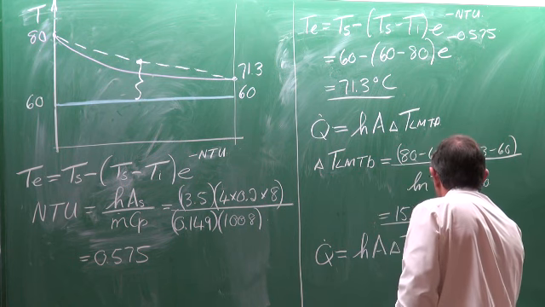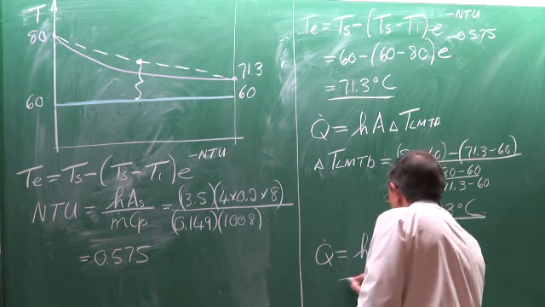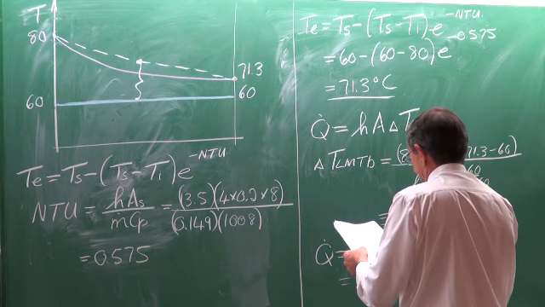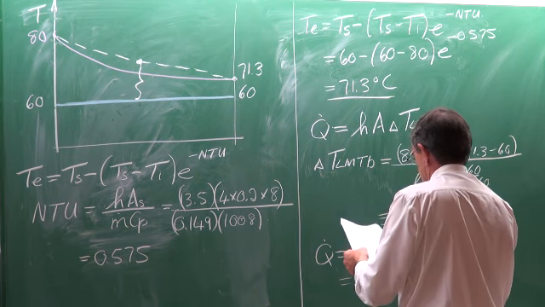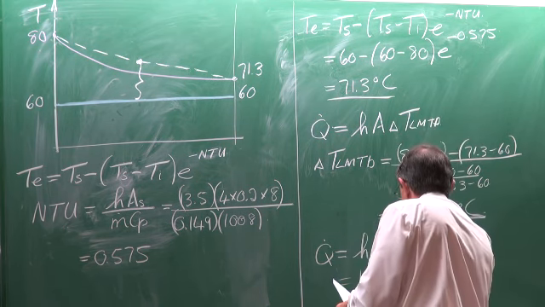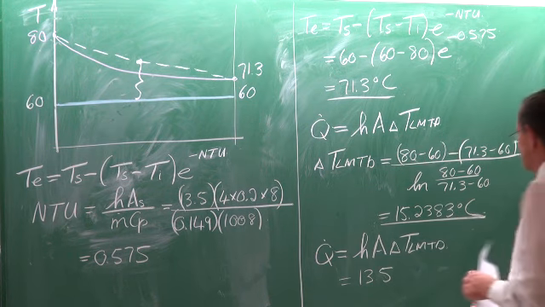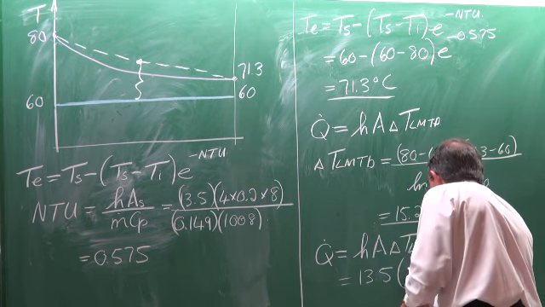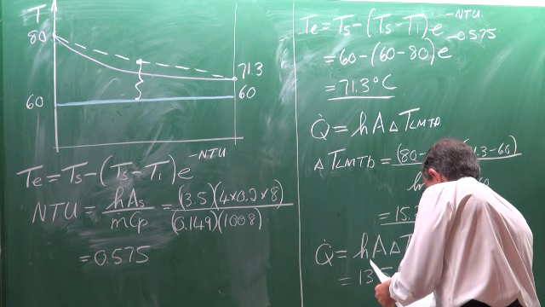So now we can calculate the heat transfer rate as the heat transfer coefficient multiplied by the surface area multiplied by the LMTD. The heat transfer coefficient is equal to, where is it now again? It is 13.5, is that right? Yeah, 13.5, there it is still on the board, multiplied by the area through which the heat transfer is going to occur.